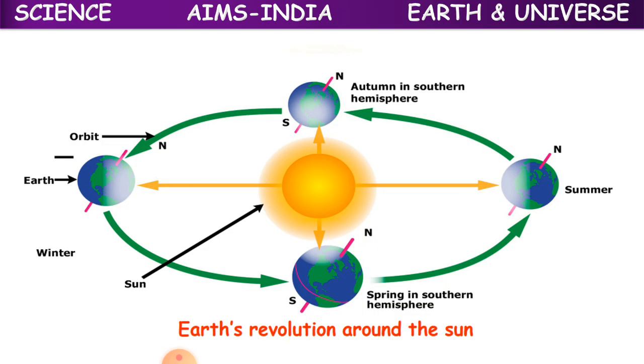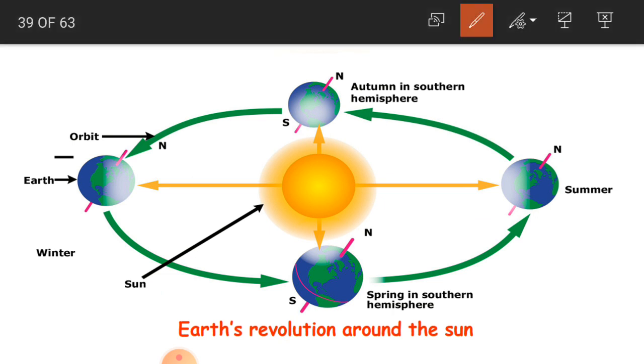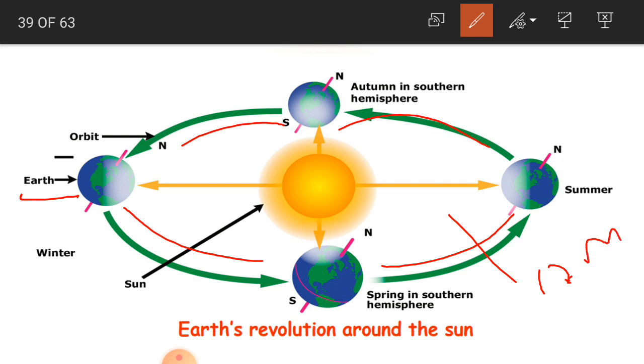Okay. Now, see here, the same thing I have explained, again in a diagram, children. This is the earth, and it is going to revolve around the sun, taking around 12 months. The side where the sunlight falls on the earth will be having summer.